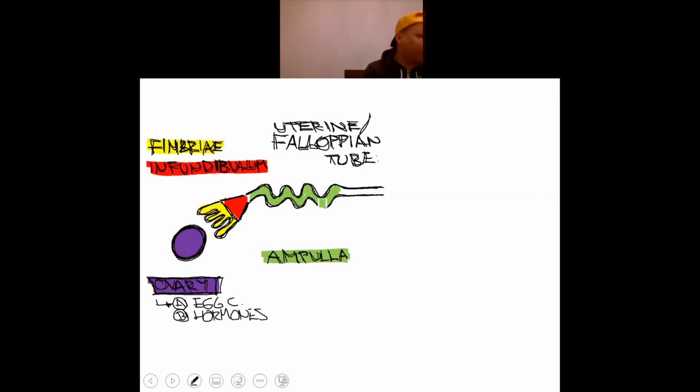So that's our ampulla. A couple of notes that I want to share with you about the ampulla. I know that it's not necessarily fully showing up to scale on this, but this is a thinner and longer part of the uterine tube.